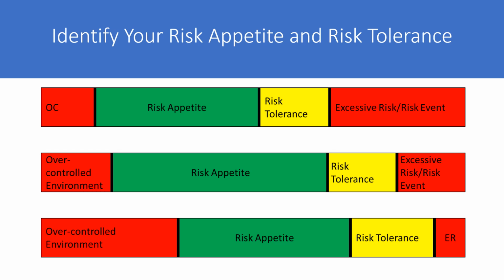It means you want to consider the risks of taking an action or not taking an action, because risk can be created both by action and inaction. And so thinking through risk appetite, risk tolerance, what creates risk by being over-controlled, and what creates excessive risk by being under-controlled, these are all things that need to be thought through.